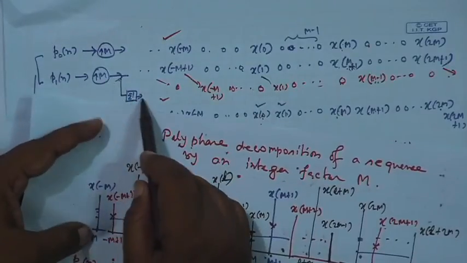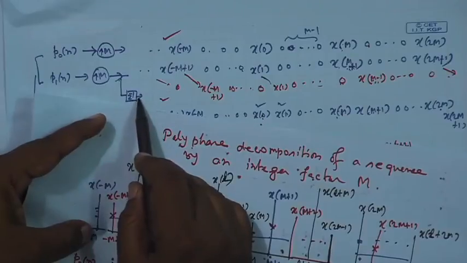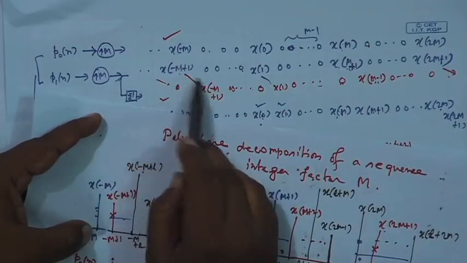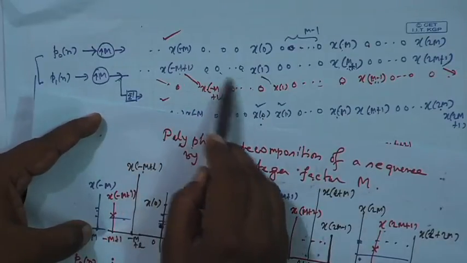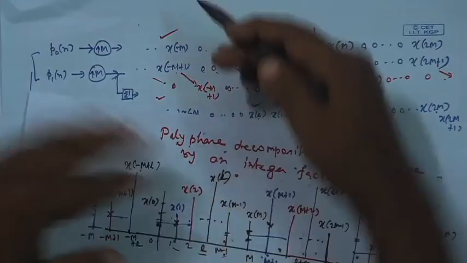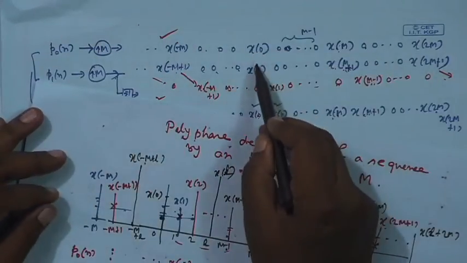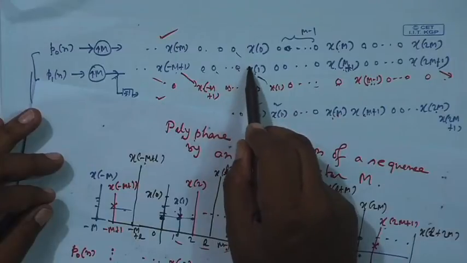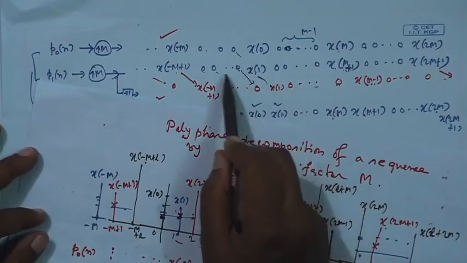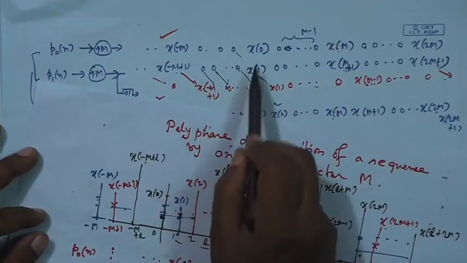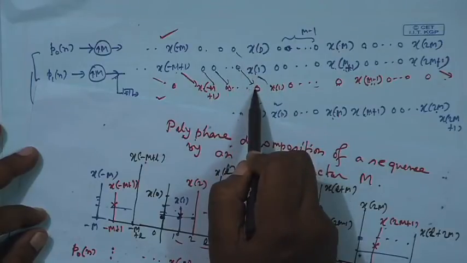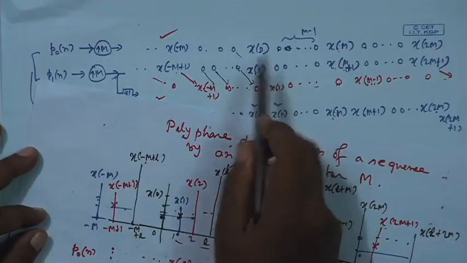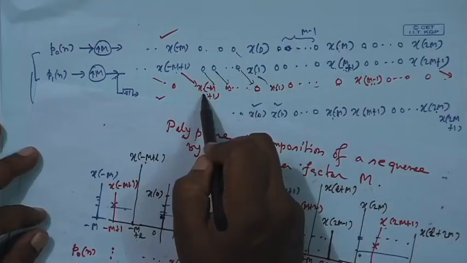Then this sequence is shifted, delayed by 1 at the faster clock. So this will come below, this will come here, x1 will go there. If you add the two, x0 and this 0 will come here, this 0 will come here. So x0 plus 0 is x0, x1 plus 0 is x1, like that.